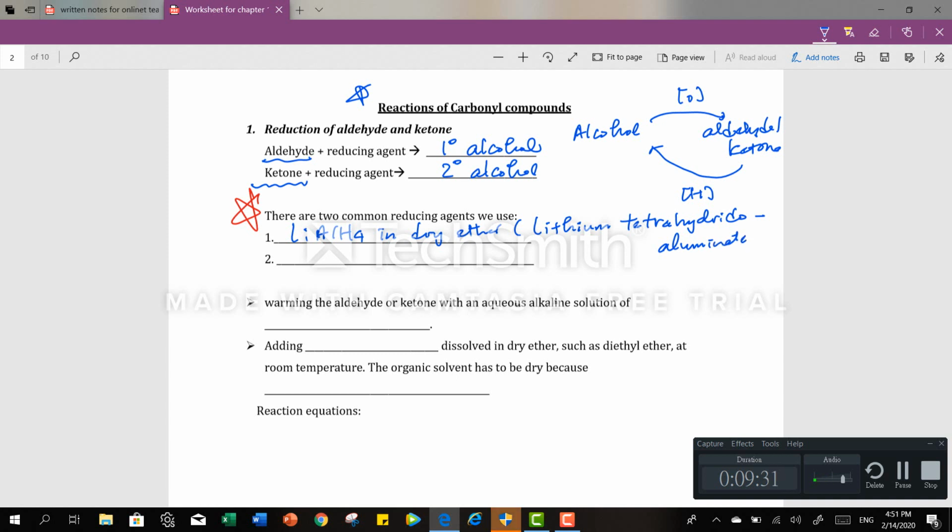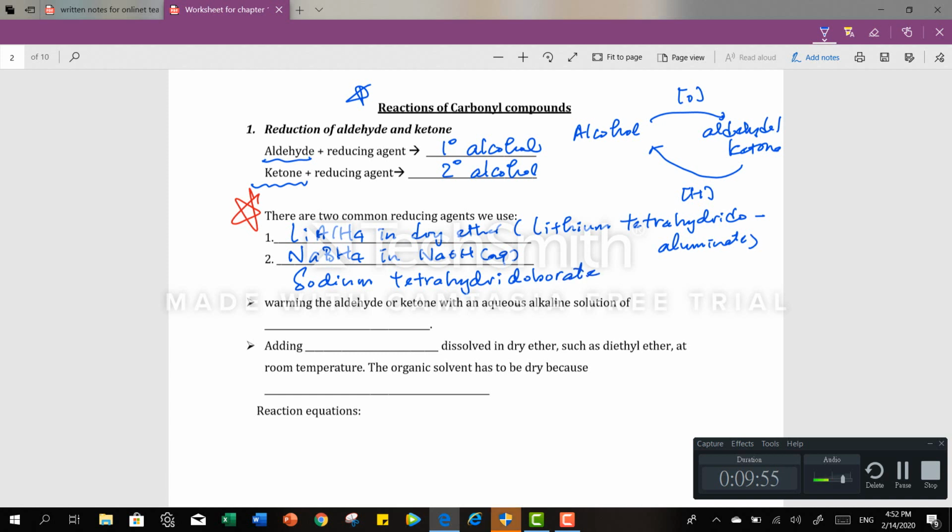If you have enough space, put them together. And then the other one is NaBH4 in alkali solution, normally dilute sodium hydroxide solution. So this one is sodium tetrahydroborate.